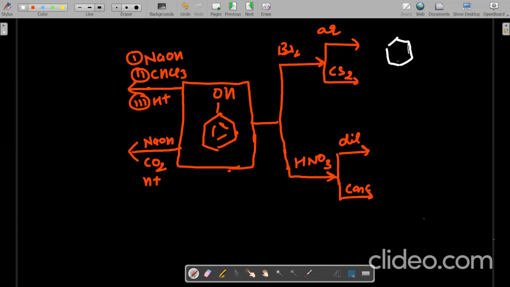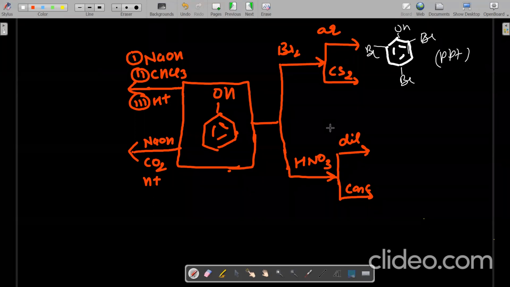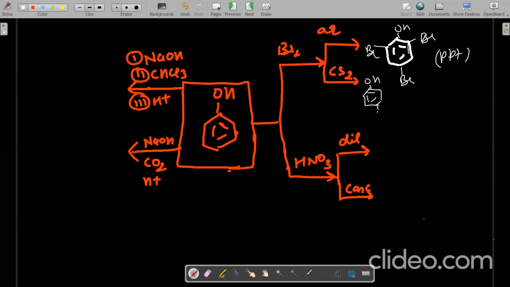We get 2,4,6-tribromophenol as a white precipitate. And in case of CS2, what product do we get? Ortho-bromophenol and para-bromophenol, mainly only the para one.